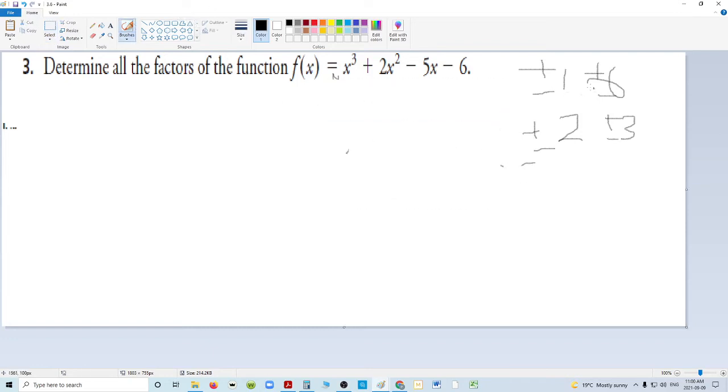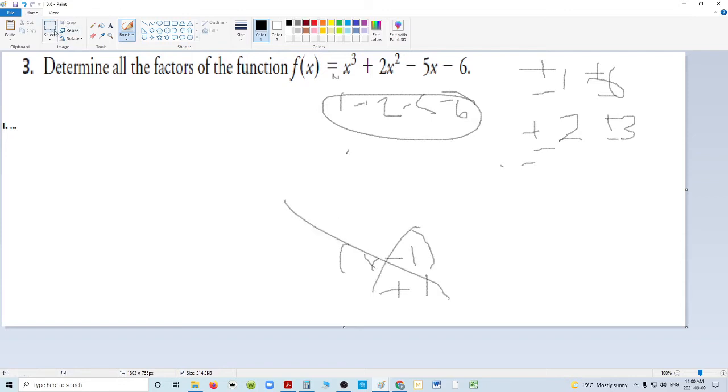If I plug in 1 into this, I get 1 plus 2 minus 5 minus 6. Quite clearly, that is not 0. So plus 1 is not a factor. In other words, x minus 1 is not a factor. So you do the next one, minus 1, the easiest ones to do.